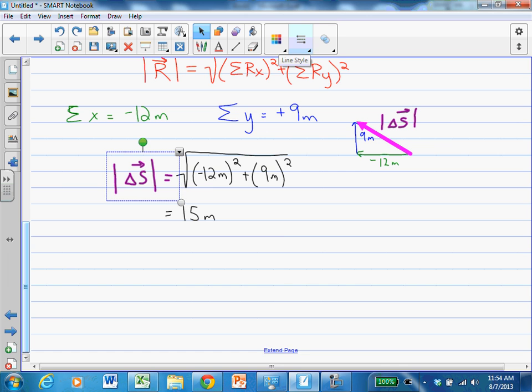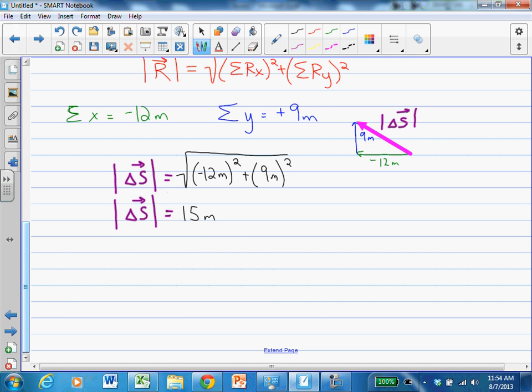But what is the direction? Well, the direction from the x-axis is that theta. Now, if I plug in, theta is the tan inverse of opposite over the adjacent, I have 9 over minus 12.